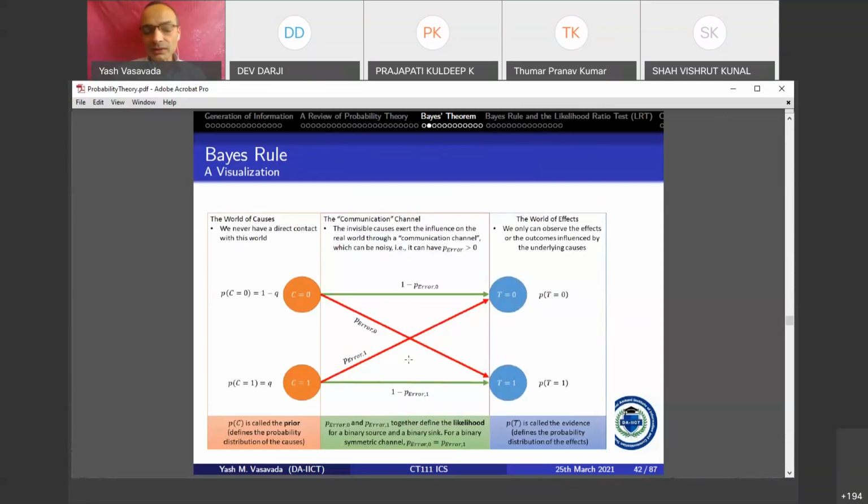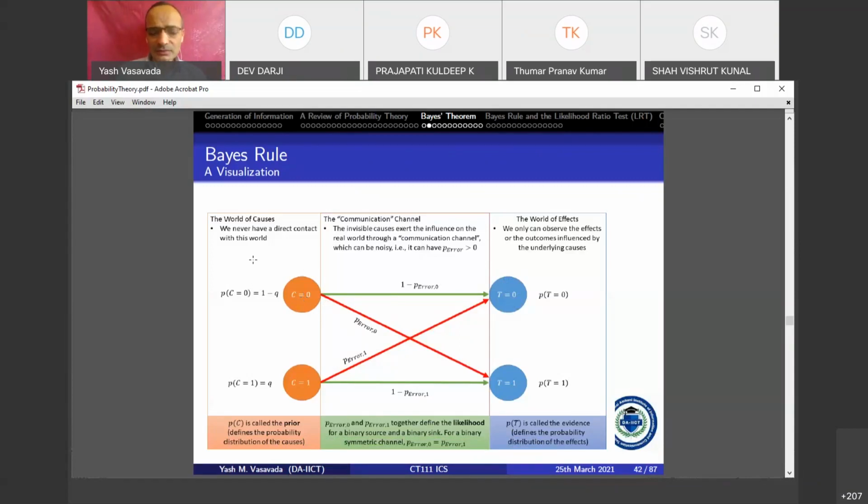Now, what is quite interesting is that this model that we have developed, this type of graphical representation for some problem of the real world, when somebody has certain symptoms or that person goes to the laboratory and does the test, whether the test comes out positive or negative, t is equal to 0 or 1. Based on that, we have to infer whether the disease is present or not.